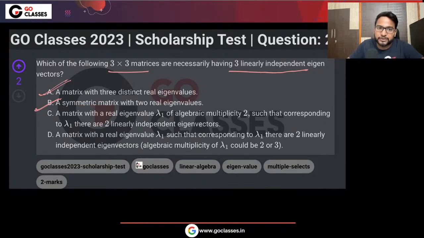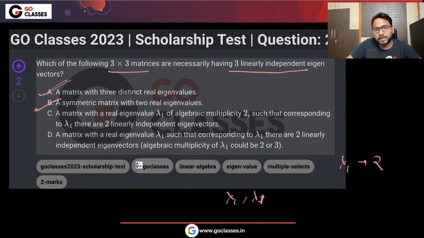A matrix with real eigenvalue lambda 1 of algebraic multiplicity 2. So what they are saying is that you have a matrix with lambda 1 of multiplicity 2, which means lambda 1 is repeating twice, right?